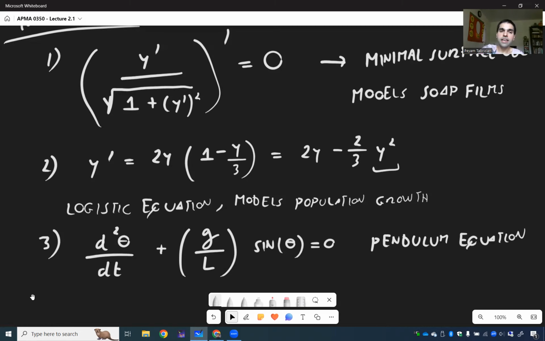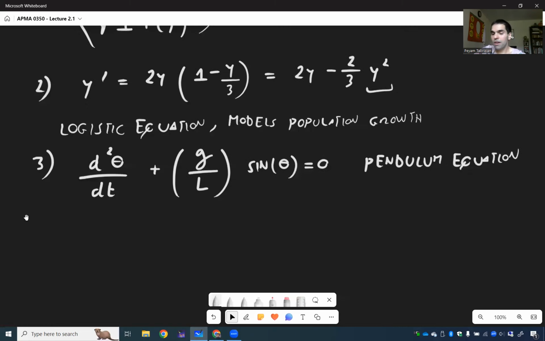And what it does, it models a pendulum of length L. Or more precisely, it models the angle of a pendulum of length L.